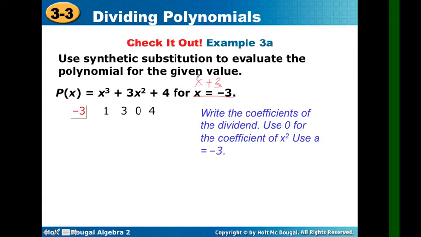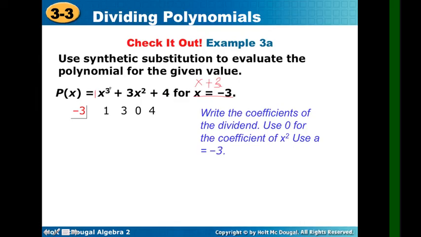After we do that, this will become negative 3, and now we can divide. This is the form of dividing a polynomial using synthetic division that I discussed before. So we have negative 3, and then we take 1, then 3.